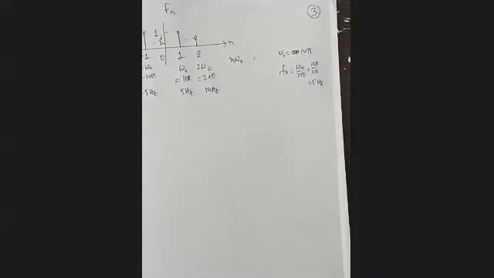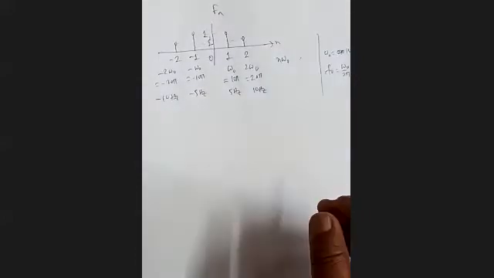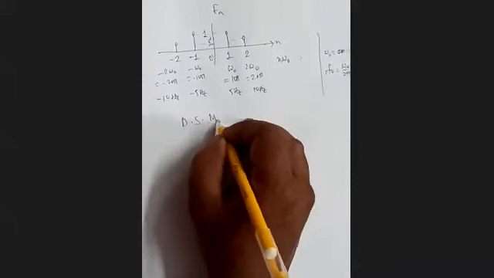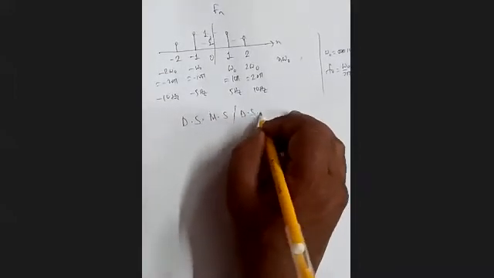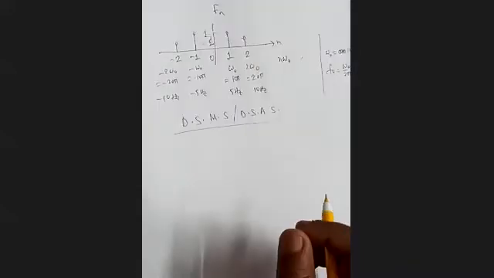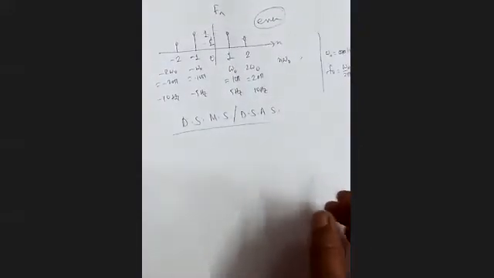In all such cases, we can get it easily. So that is a double-sided magnitude spectrum or double-sided amplitude spectrum. And it is obviously an even function. Last day I told you.